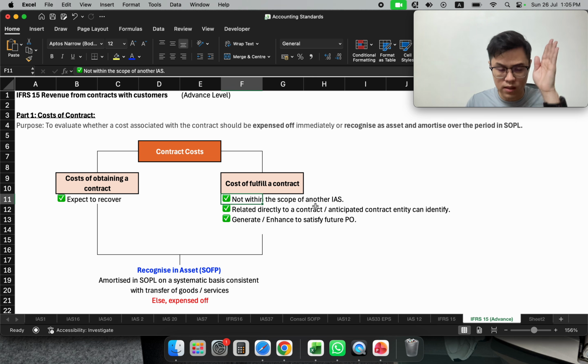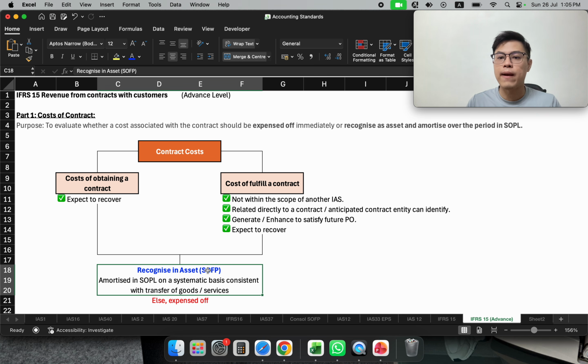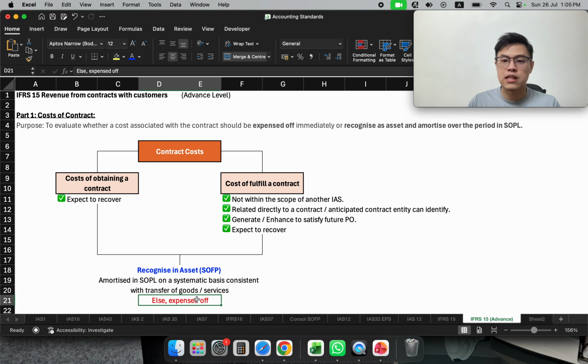It is purely this accounting standard and related to a contract that you are able to specifically identify, that will generate or enhance resources to satisfy your future performance obligations, something you are going to promise in future, like an additional PO from the modifications. And the last one, it must be expected to be recovered. If you can fulfill this, you can recognize the cost as an asset and gradually amortize it, else expense it off.